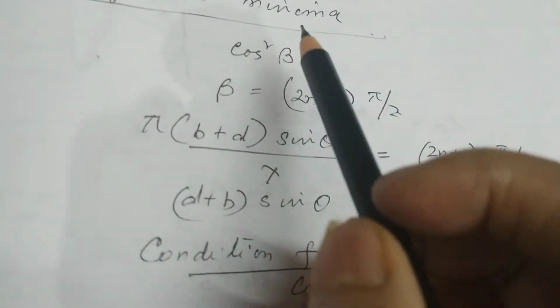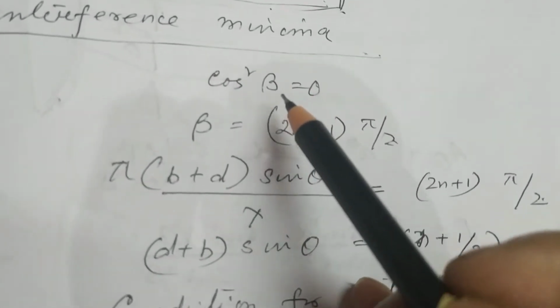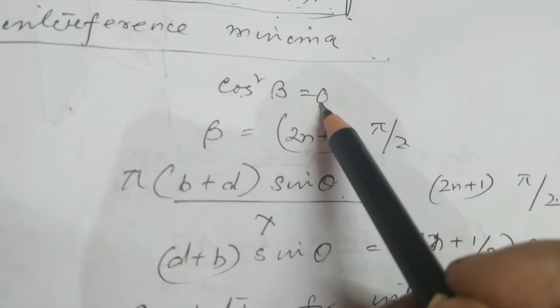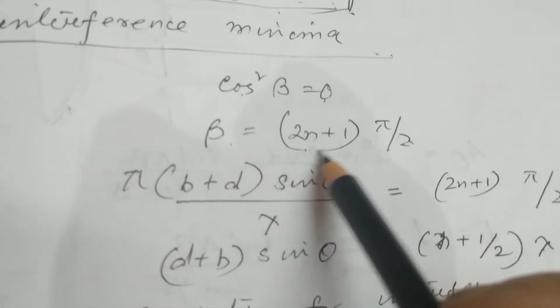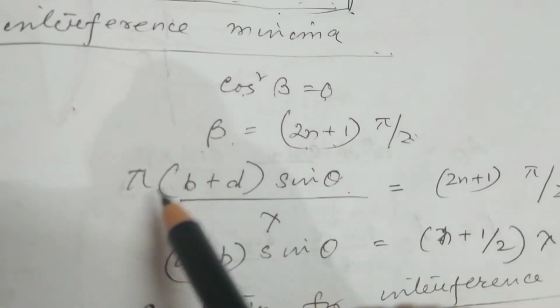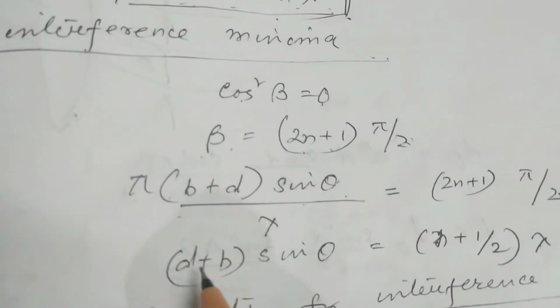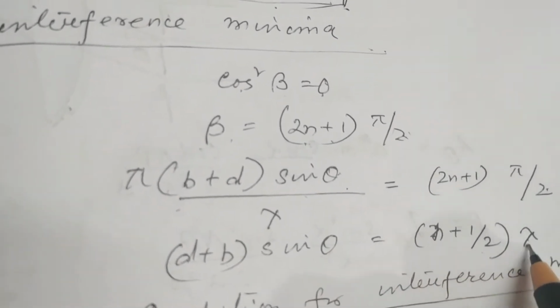And for interference minima, where cos beta is equal to 0, beta is equal to (2n plus 1) pi by 2. If I put the value of beta, I am getting this. So the condition is (d plus b) sin theta is equal to (n plus 1 half) lambda.